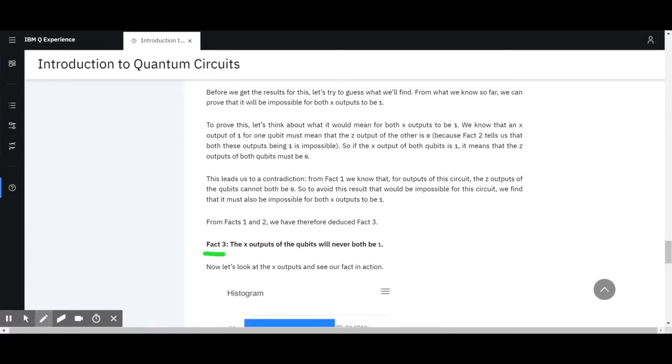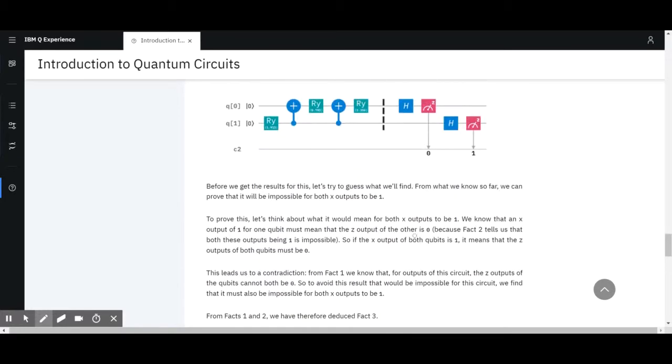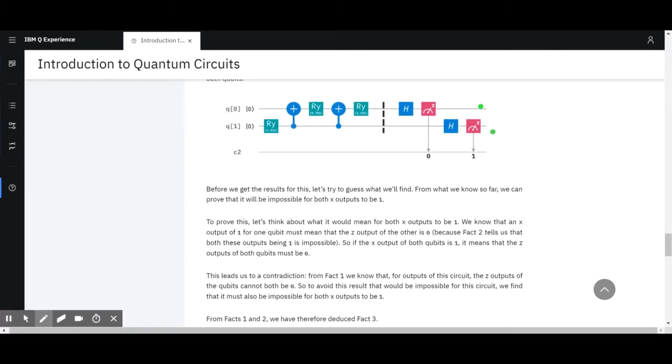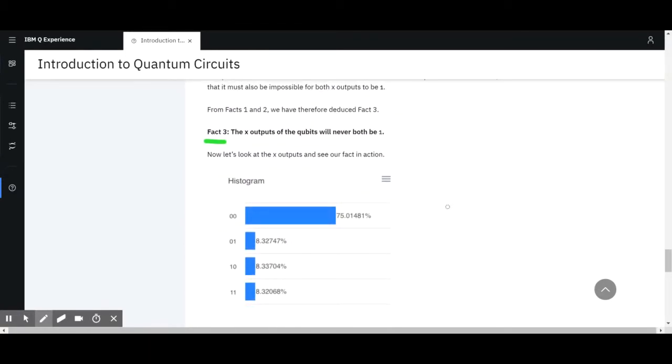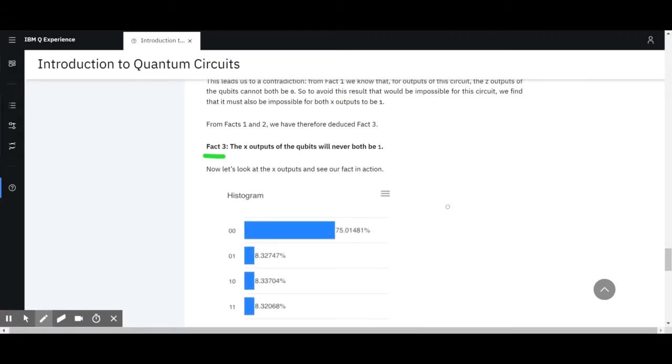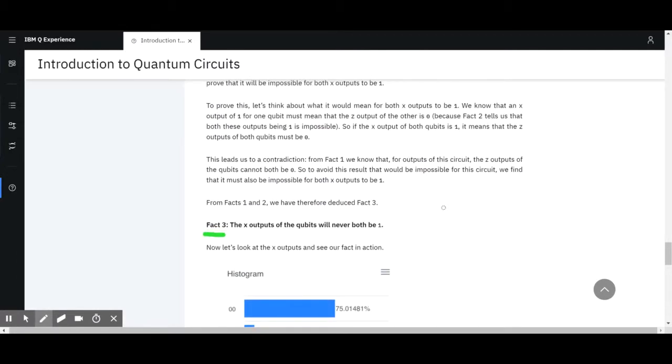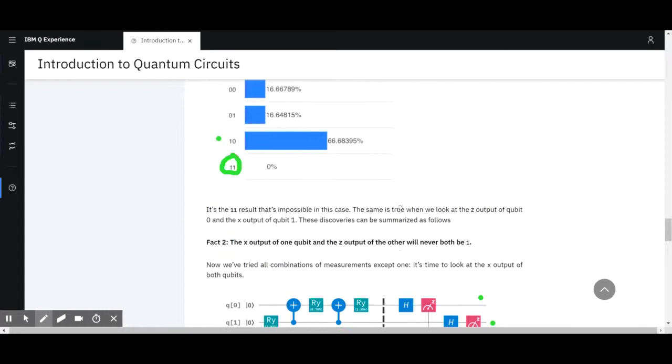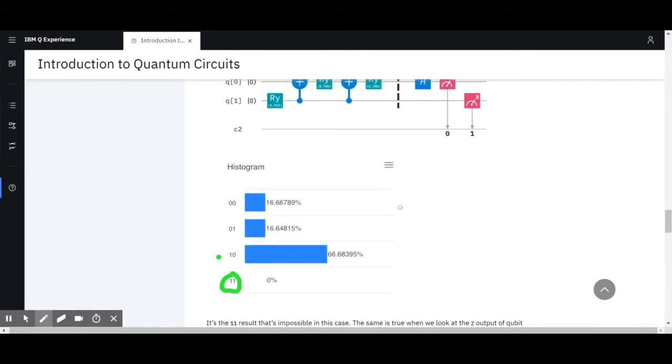And Fact 3 says the X outputs of the qubits will never be both 1, because now we've measured both like that. So this is deduced from facts 1 and 2.